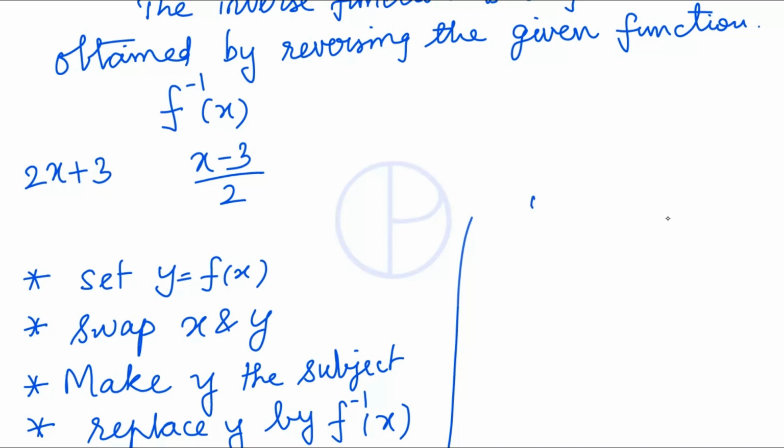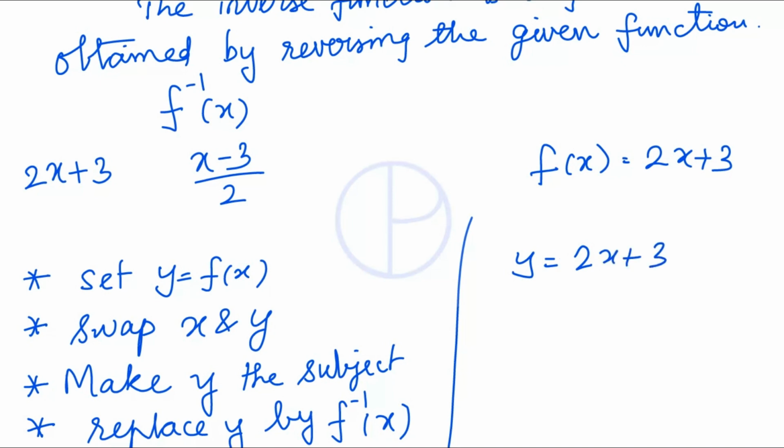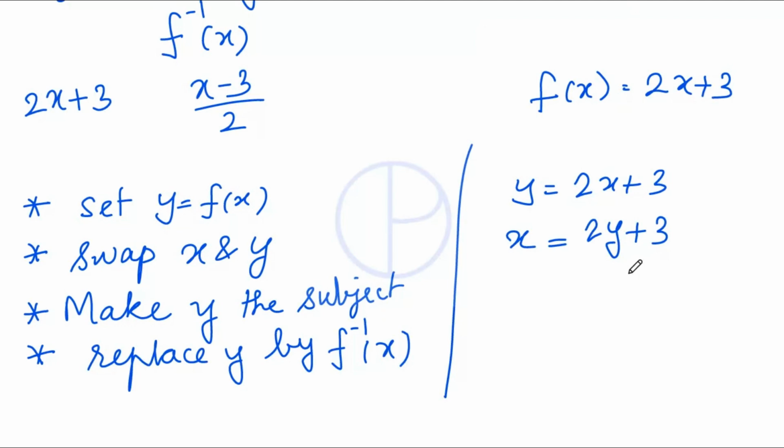Let's take the function f of x equal to 2x plus 3. So y is equal to 2x plus 3 will be our first step. Then swap x and y. So this can be written as x equal to 2y plus 3. Make y the subject.